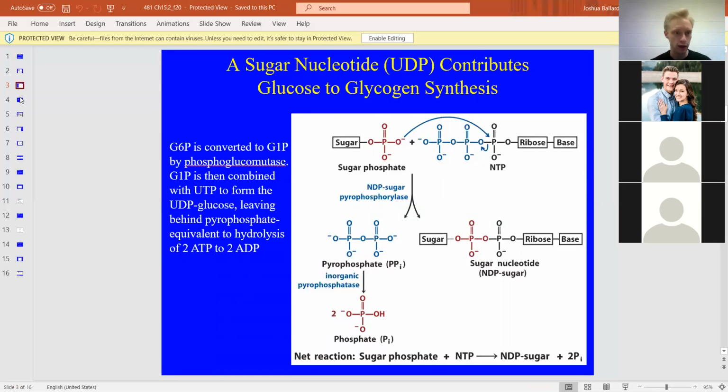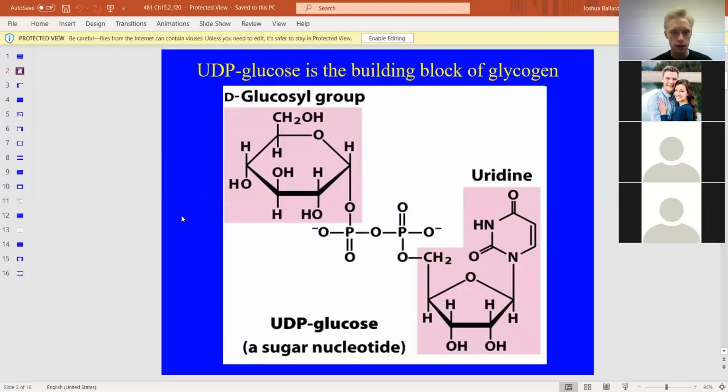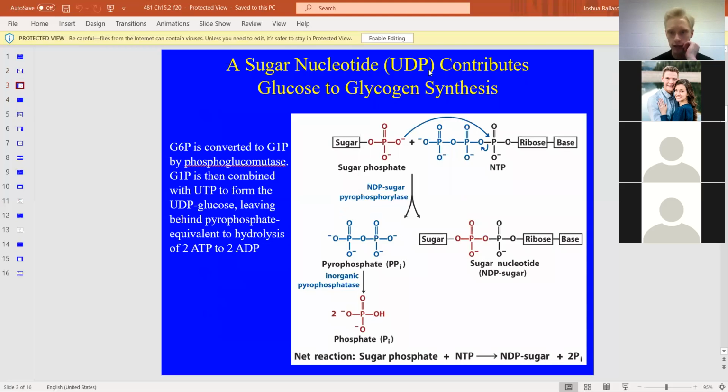So this slideshow 15.2 will be very helpful with that. We'll quickly cover what glycogen synthesis is, and hopefully we'll talk about this for the next 7 to 10 minutes, and then we'll finish on the last pointer of these regulations. So that's the building block. The sugar nucleotide UDP contributes glucose to glycogen synthesis.